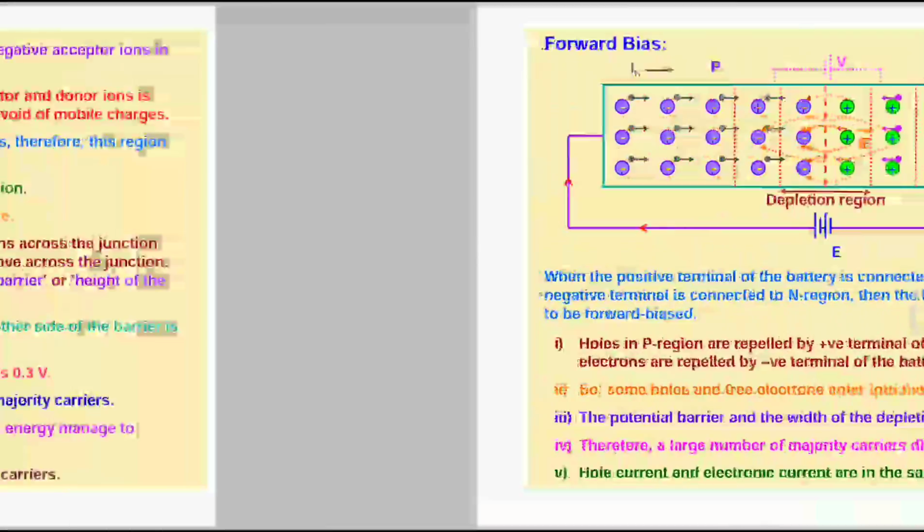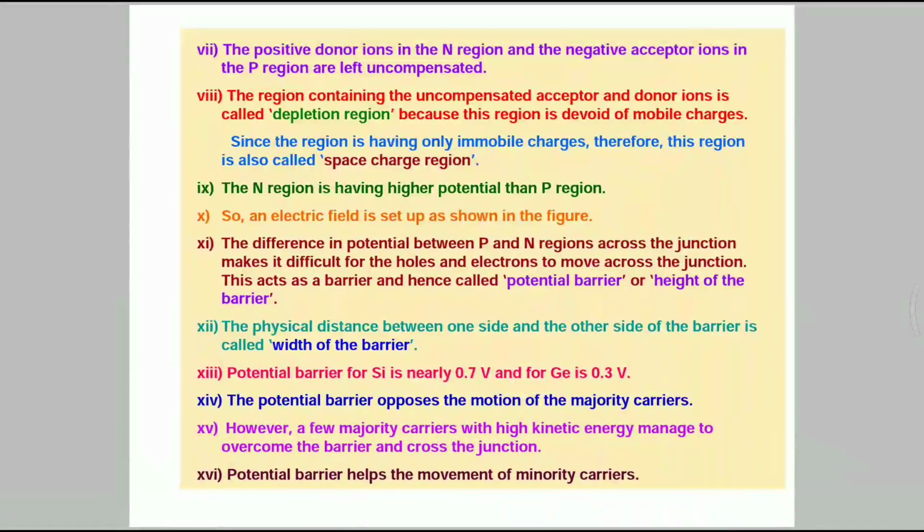This is about the PN junction diode. Whenever we connect a battery to the PN junction diode, understand? We know that in a PN junction diode, my dear children, p-type and n-type semiconductors are joined together to form a PN junction.